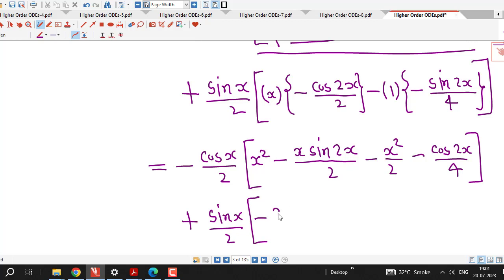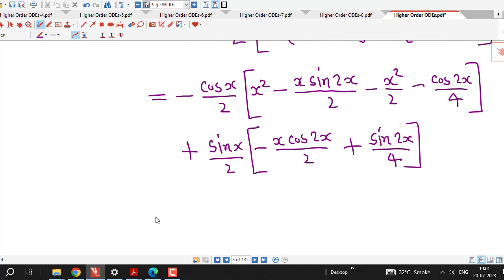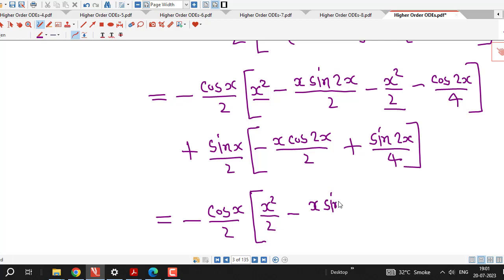Here I have minus x cos 2x by 2 and minus minus plus sin 2x by 4, and again you can see I have x square minus x square by 2, that is going to be x square by 2.